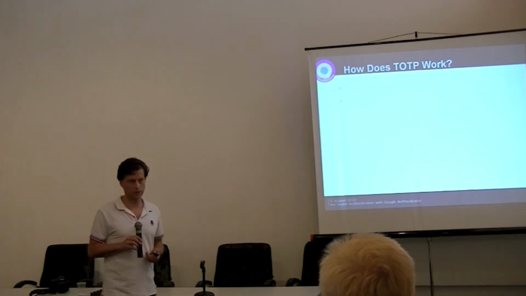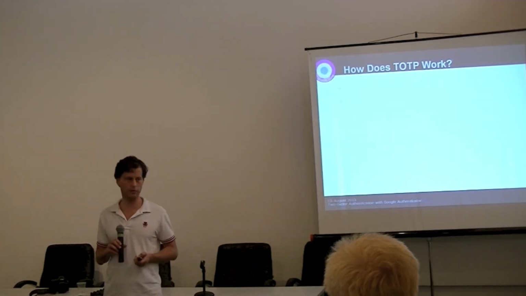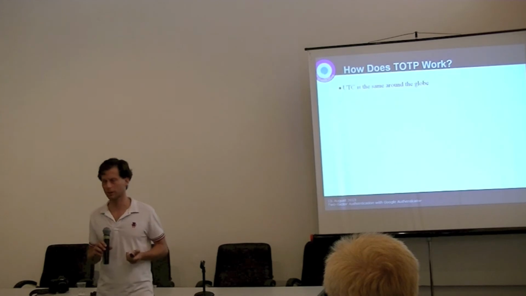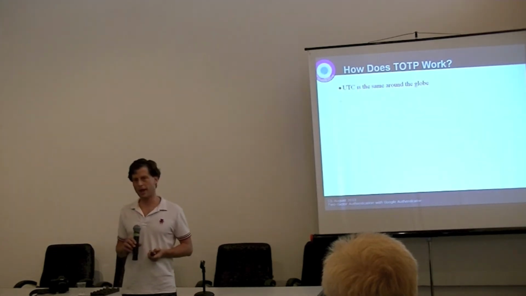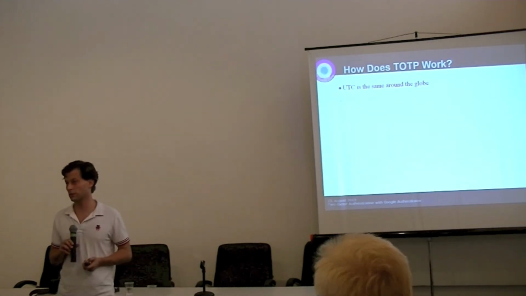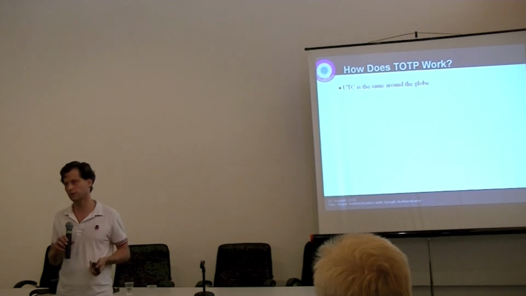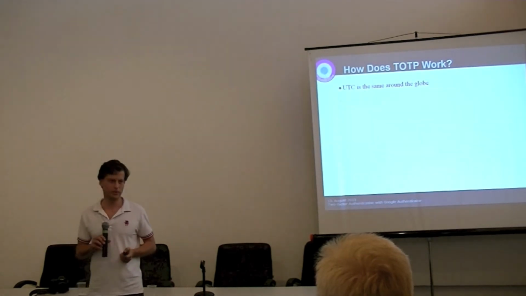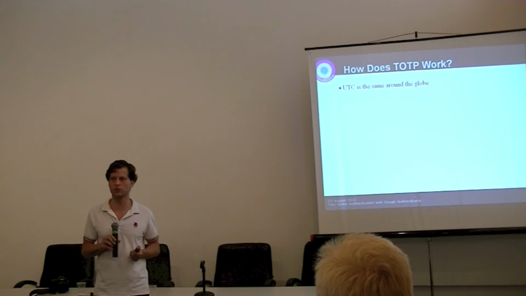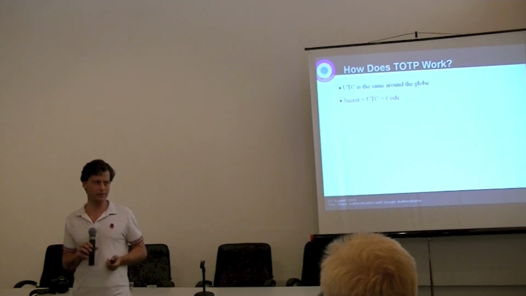Now let's take a short look at how the TOTP algorithm is supposed to work. It relies heavily on UTC, the Universal Coordinated Time or Universal Time Code. I never know which one is which, but I think there's a talk about time zones and nastiness later.